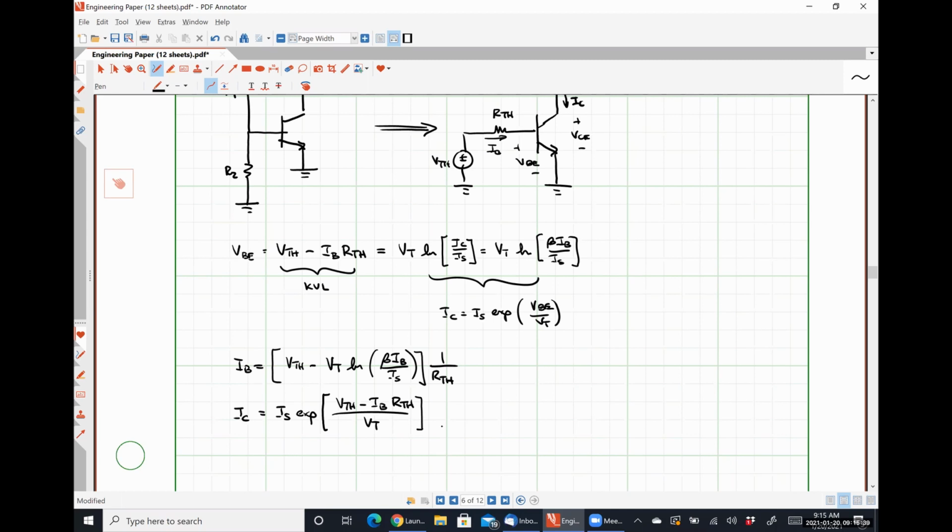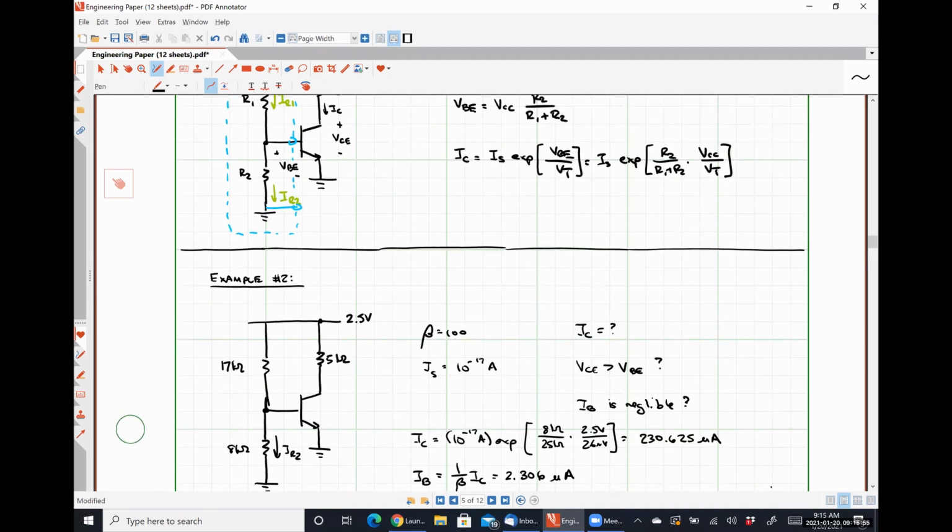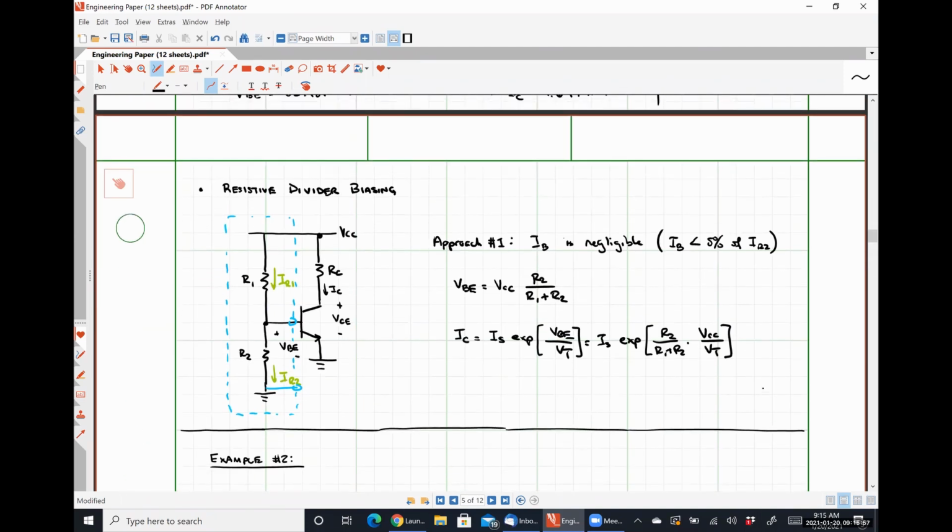But technically they're going to be within a couple of percent of each other unless the base current is a significant portion of that current IR2. Because what we're saying effectively in that original assumption is that almost none of the current splits off, which is likely in a lot of cases.